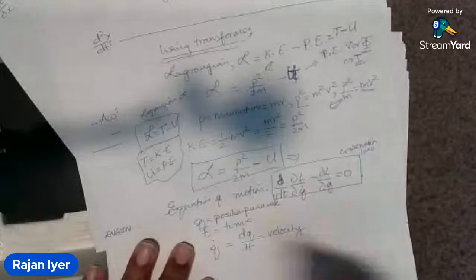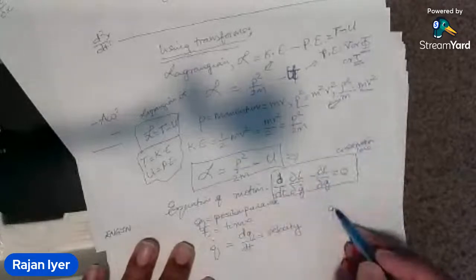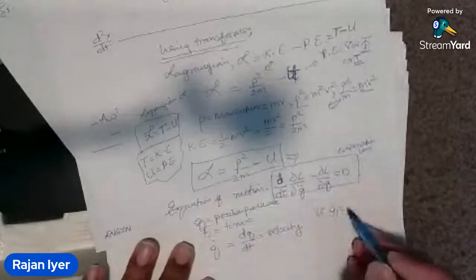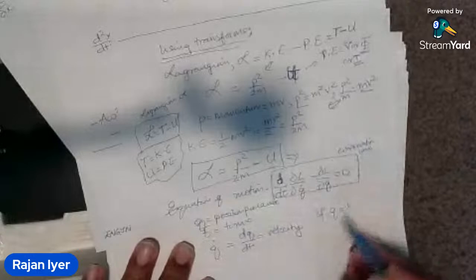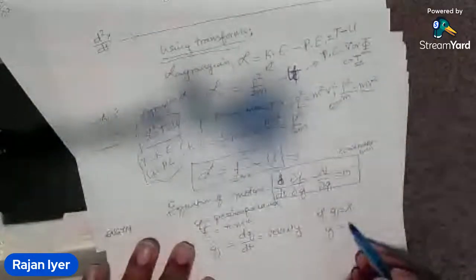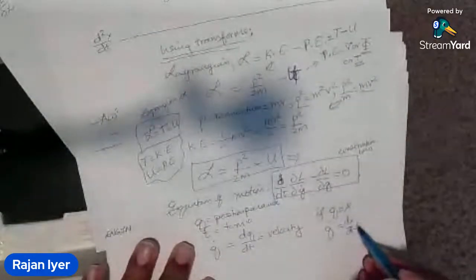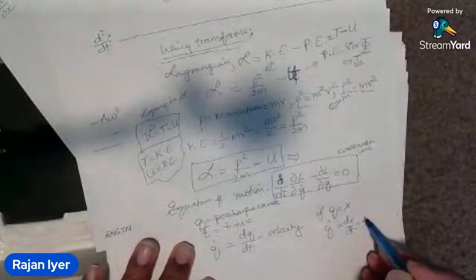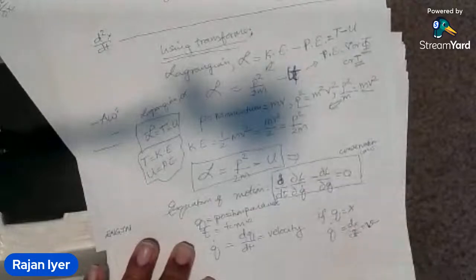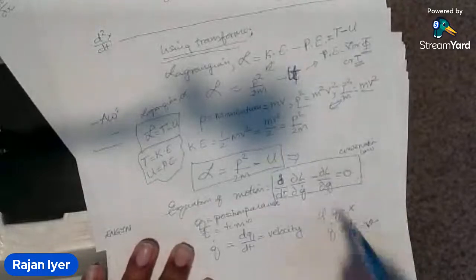If q equal to x, then q prime equals dx by dt, which is v, the velocity. It's the same thing, and that helps to manipulate, so it has some advantage.